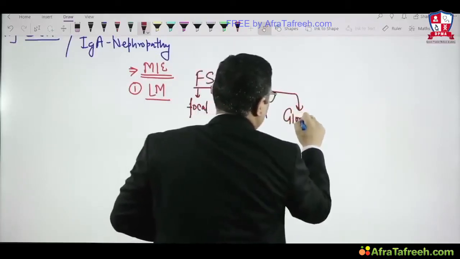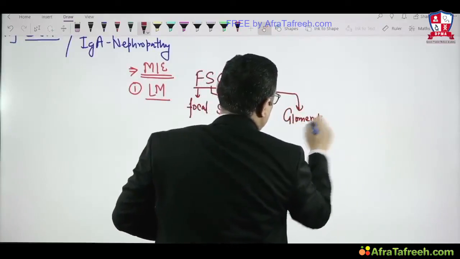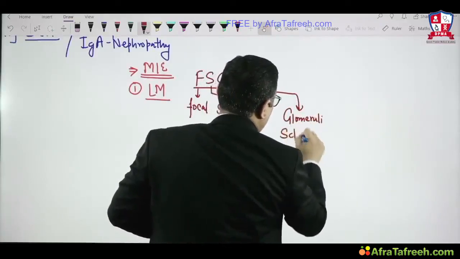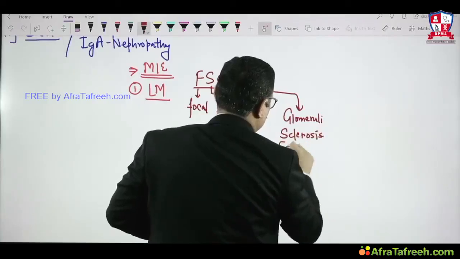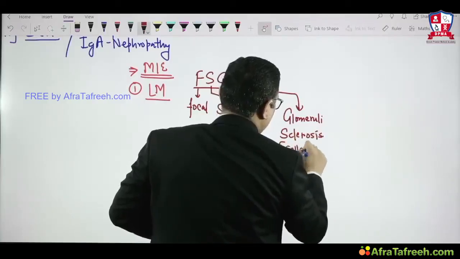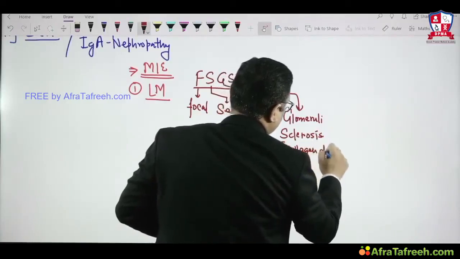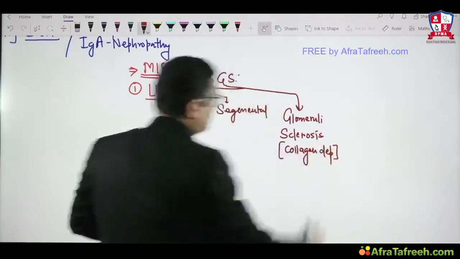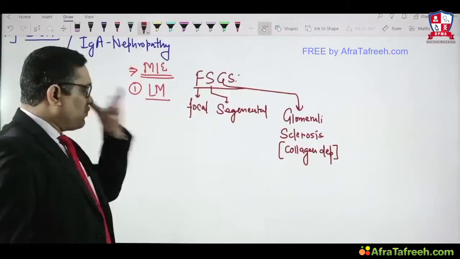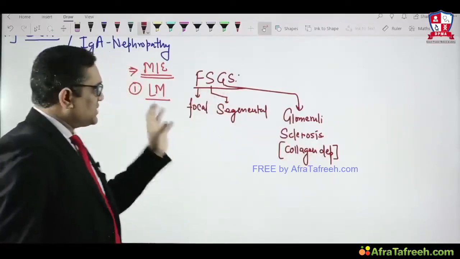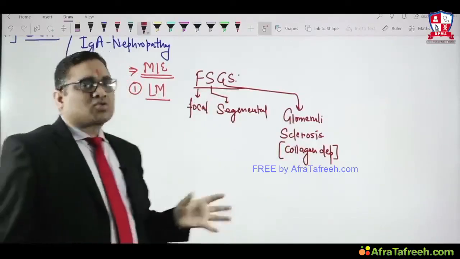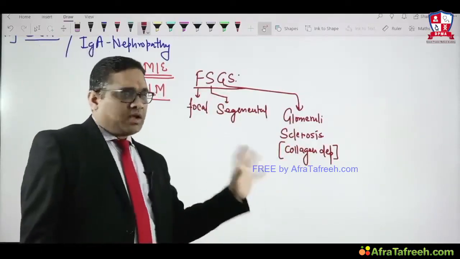So the glomeruli are showing sclerosis. And what do we mean by sclerosis? Sclerosis means collagen deposition. So focal segmental collagen deposition will be seen in the microscopic view of this kind of renal biopsy.